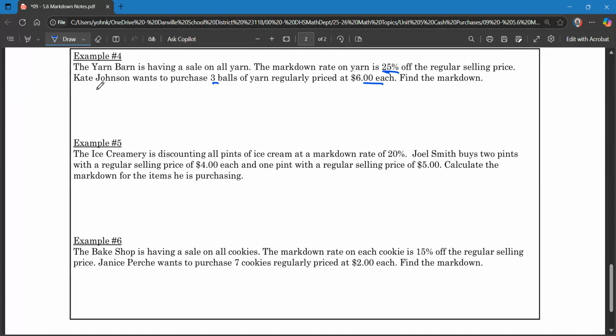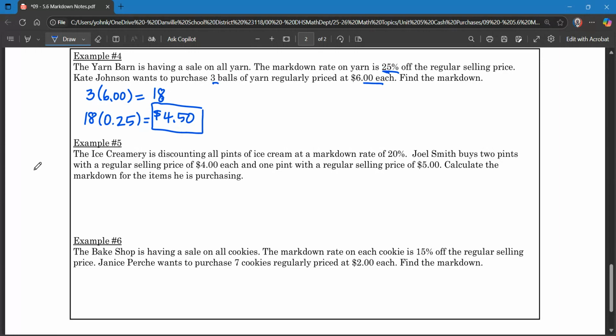She buys three balls of yarn, and they're $6 each. So I need to multiply 3 balls of yarn by $6 each to get $18. Then I need to find the markdown. It's 25% off. So I take the total price and multiply 18 by 0.25 for 25% off. This gives me a total savings of $4.50.